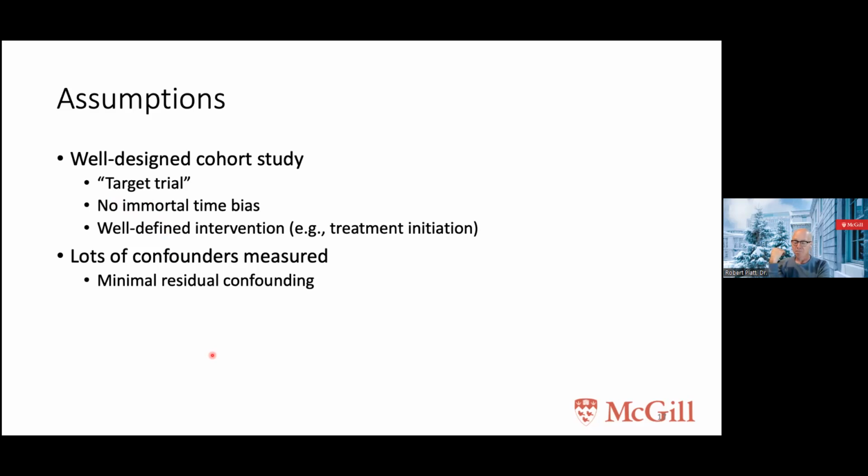So I might think about initiation of high dose versus low dose statins as this well-defined cohort study, just to give myself something to frame this on. So everybody comes into an observational study at the same time zero. Some are given high dose statins, some are given low dose statins. There's no immortal time bias, and I've got lots of confounders measured. I'm going to assume this to be the case here too, because if I don't have lots of confounders measured, I can sort of pack up and go home or start doing sensitivity analyses.